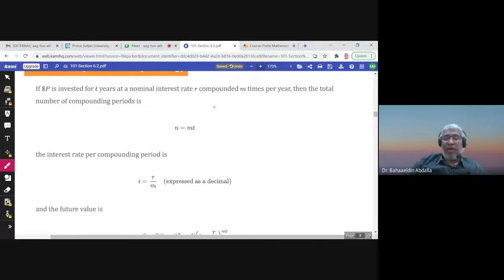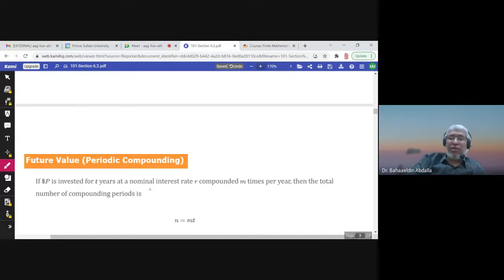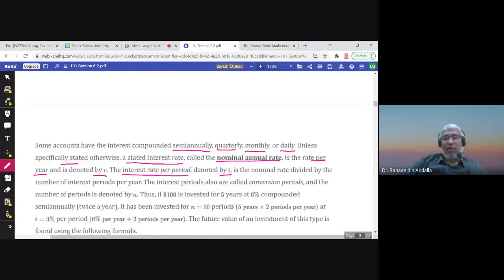Compounded semi-annually, M would be 2; compounded quarterly, M would be 4; compounded monthly, M would be 12; and compounded daily, 365.